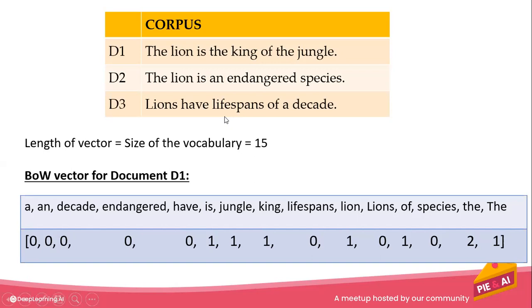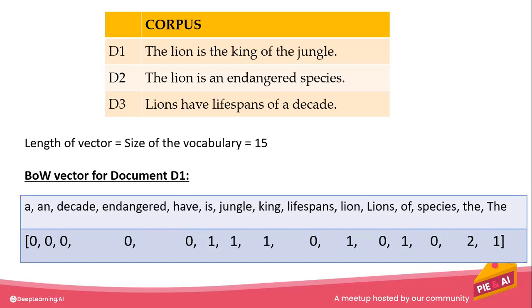For A, we have 0 because in the first sentence, the lion is the king of the jungle, there is no A, and decayed, endangered, these words are not present in that sentence. So we are writing the term frequency to be zeros.